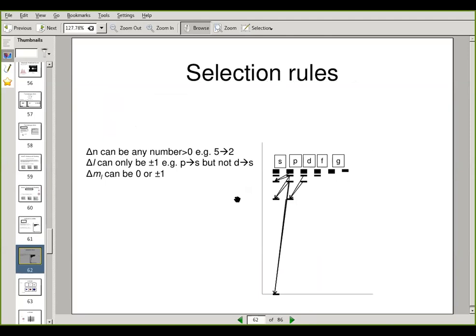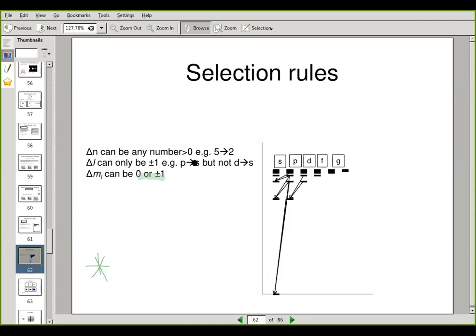So one other interesting thing to note is that there are selection rules for this. The selection rules really say that you can jump in a hydrogen atom from any energy level that's greater than 0. So you take a hydrogen atom and you shine light at it, or you get the emission spectra from a hydrogen atom.